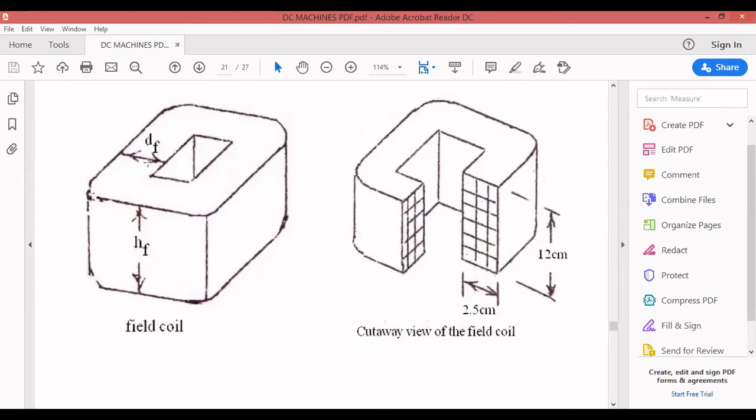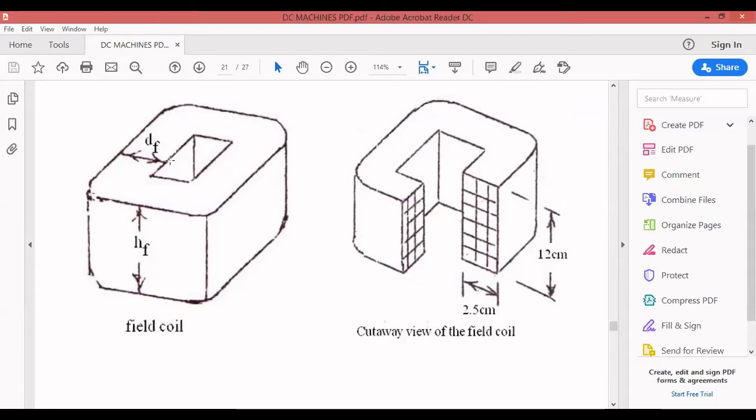For the length of mean turn, I have to take into consideration Li, the length of the inner turn, and Lo, the length of the outer turn of the field winding. What I want is the average. Li is the length of the inner turn, and Lo is the length of the outer turn.